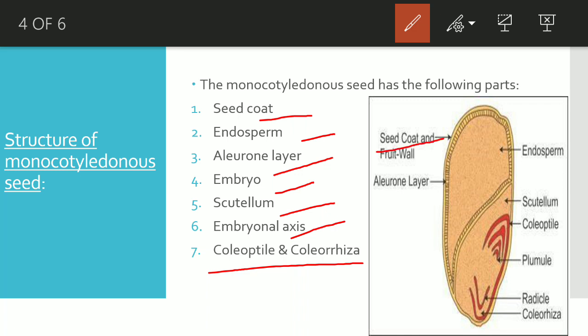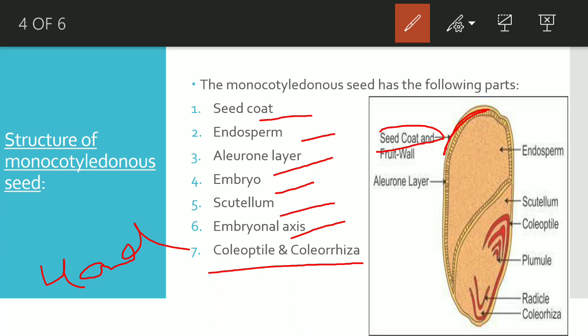The seed coat is the protective covering of the seed that is usually hard, thick, and brownish in color. The seed coat protects the seed from physical and mechanical damage and also prevents the excessive loss of water from the seed.